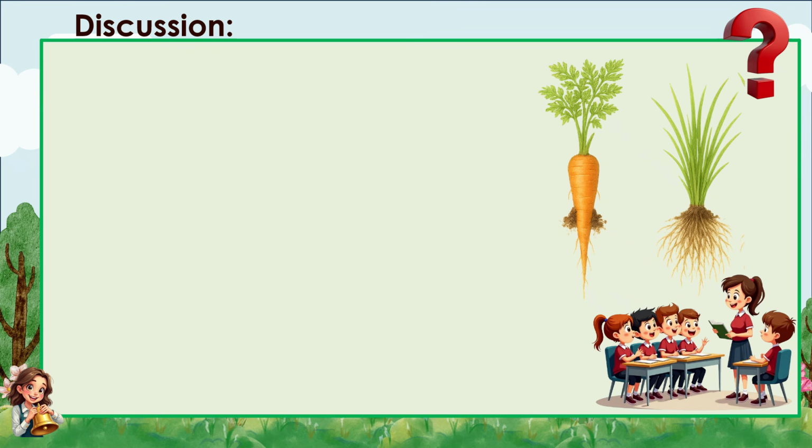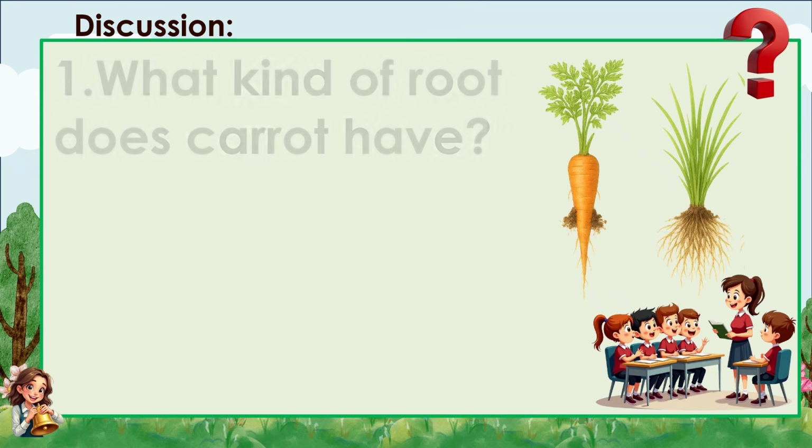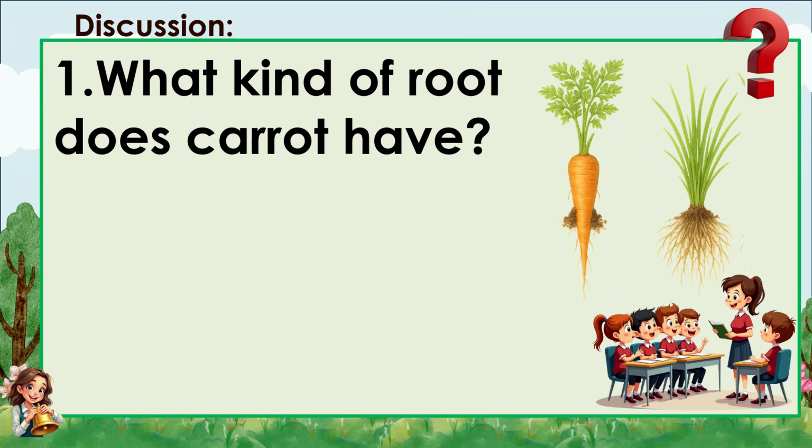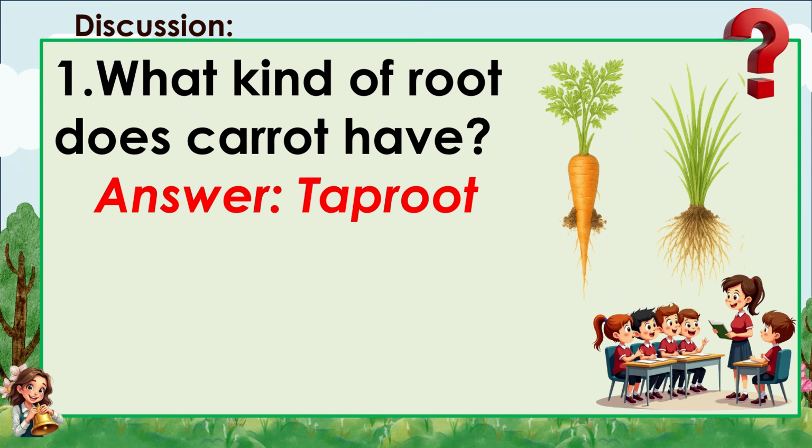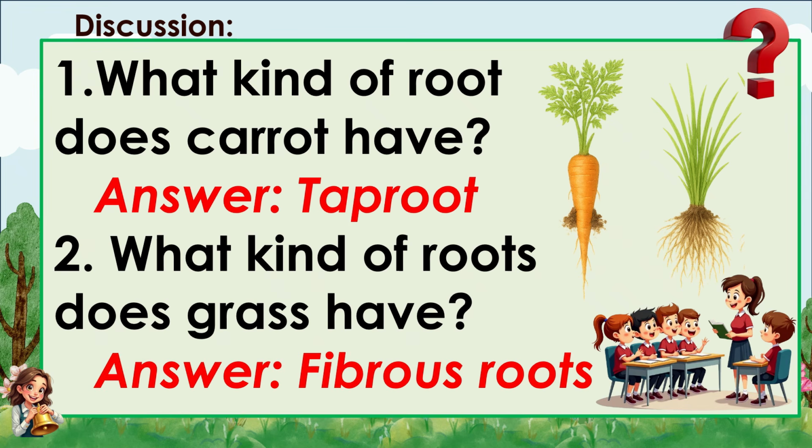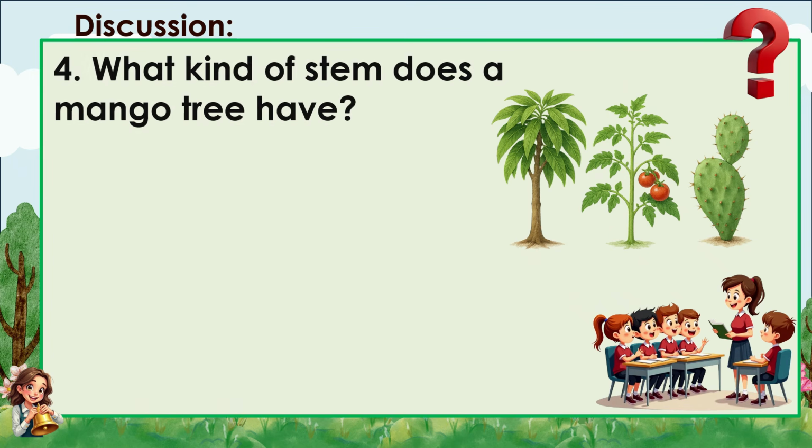For our discussion, are you ready? Okay, what kind of root does carrot have? Yes, it is taproot. Next is, what kind of roots does grass have? The answer is fibrous roots. 4.